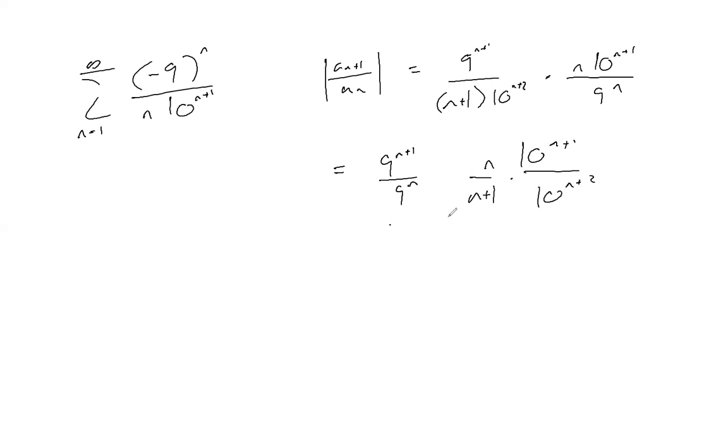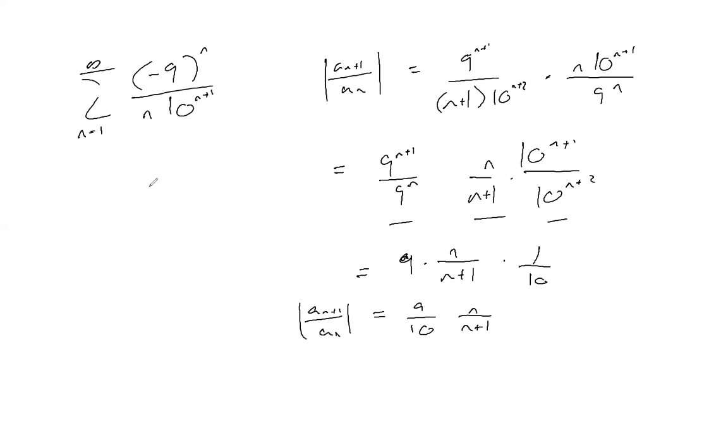Okay, so now I got 3 parts, right? So let's simplify those. 9 to the n plus 1 over 9 to the n is equal to 9. Then I got n over n plus 1. And then 10 to the n plus 1 over 10 to the n plus 2 equals 1 over 10. So let's put this 9 and 1 over 10 together into 9 over 10. And then I got n over n plus 1. Okay, so this is my an plus 1 over an.